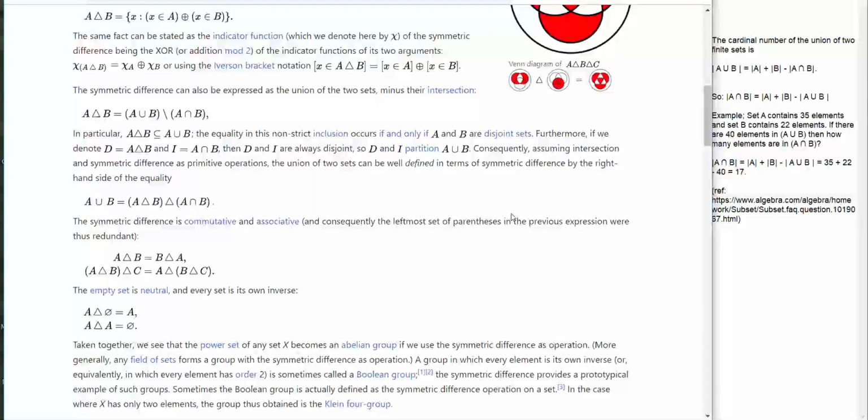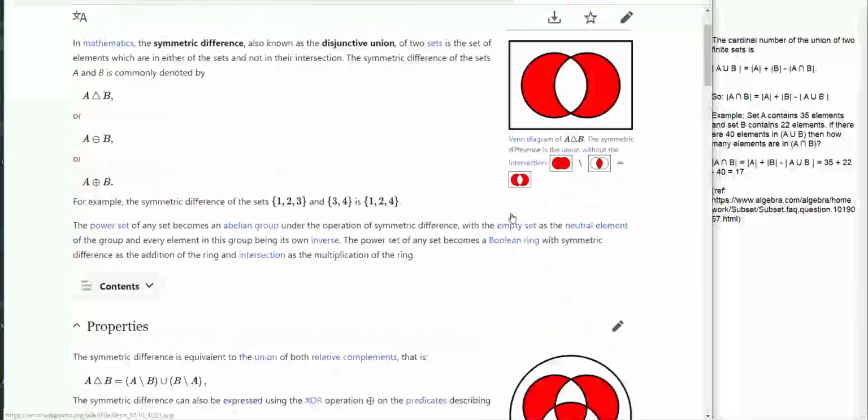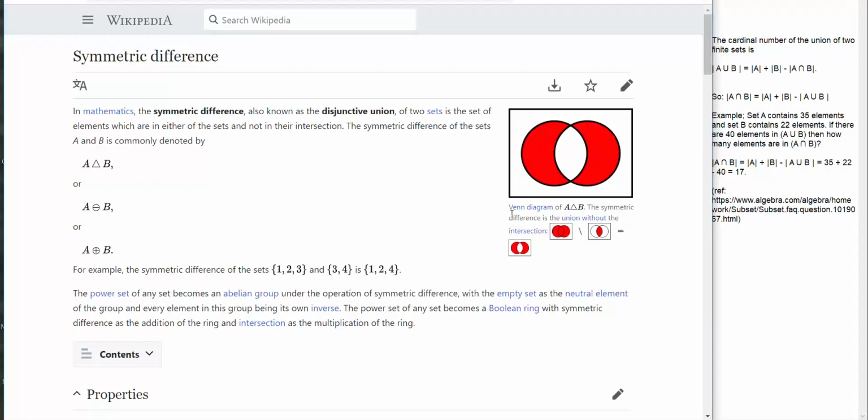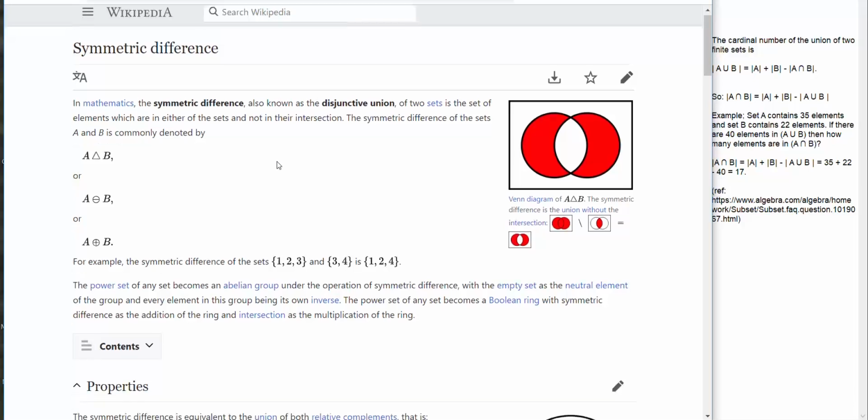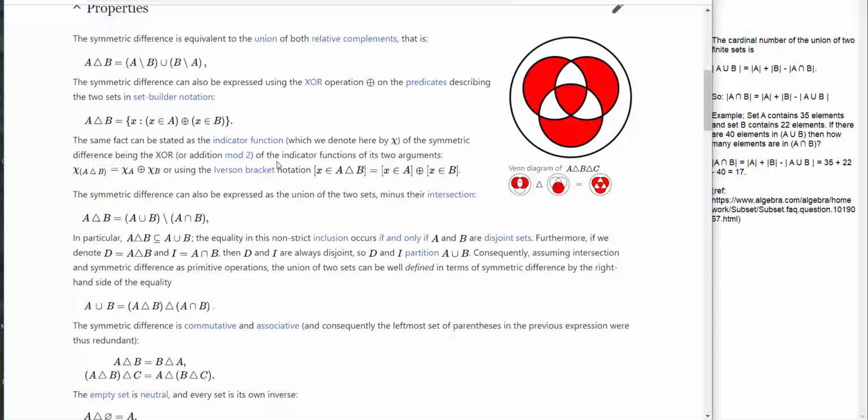You have to study this separately, so it seems there's a lot to it. The symmetric difference, the disjunctive union of two sets, is the set of elements which are in either of the sets and not in their intersection. Okay, so in this case A and B, but this is intersecting here. Why is it red? Oh my god, this is so good.